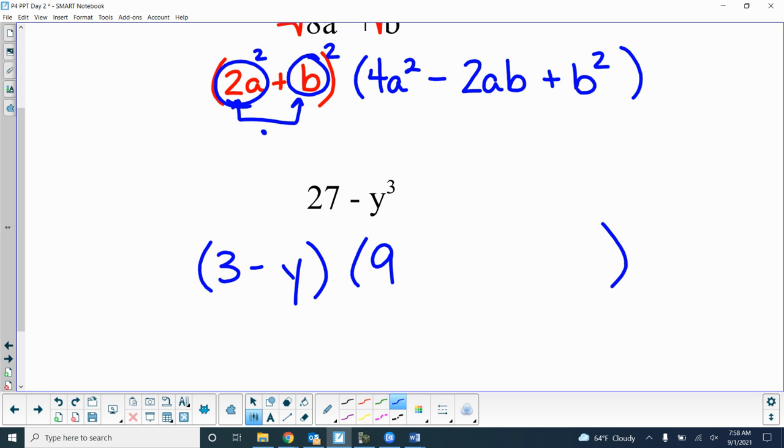Good. Addition, because we had subtraction, and then you just go 3 times y. You multiply those. Ashley, what's the third term? Good. Is it plus or minus? Plus. Always plus.